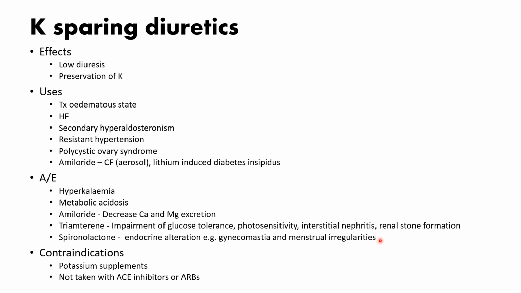So contraindications: obviously if the patient is taking potassium supplements, we don't give this because that would just encourage hyperkalemia even more. Also with patients taking ACE inhibitors and angiotensin receptor blockers, we don't give potassium-sparing diuretics because, again, if you administer potassium-sparing diuretics with ACE inhibitors or ARBs, like losartan for example, that can cause really, really high blood potassium levels.